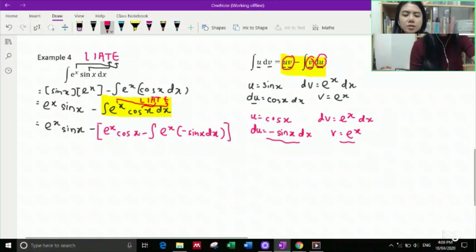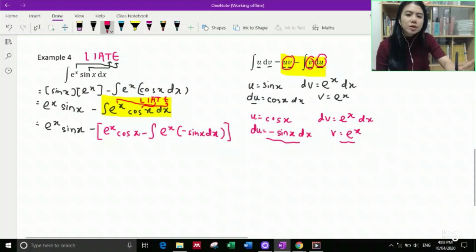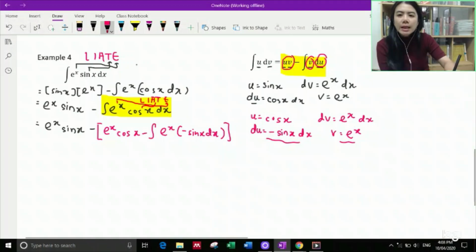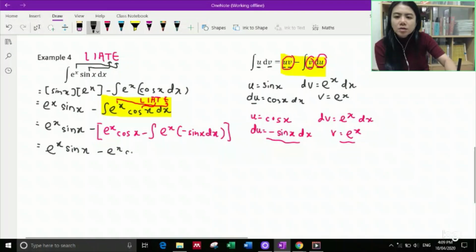Basically I use a different colour, and you can see that it's important to put a bracket, because in the integration by parts, you have a minus in front of it, and it belongs to the whole thing. Now let's simplify before we go further. So we have e to the x sine x, and we have minus e to the x cos x.